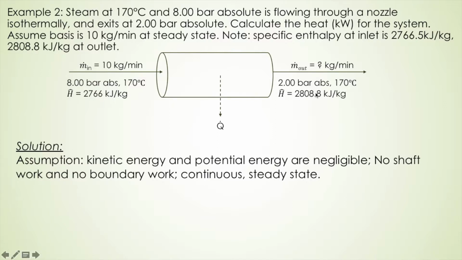And obviously this is a nozzle, so there's no shaft work and no boundary work, because there's no moving boundary doing work, although there's a mass flow. Then we can also assume this is continuous steady state, so nothing changes with time. The values shown in the flowchart are constant. They don't change from time to time at inlet and outlet.